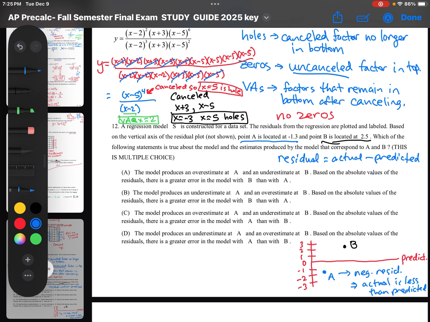And what that means is that our prediction for that point, prediction is where that prediction line would be. Since we have the actual value less than predicted, our model was an overestimate. So A is an overestimate.